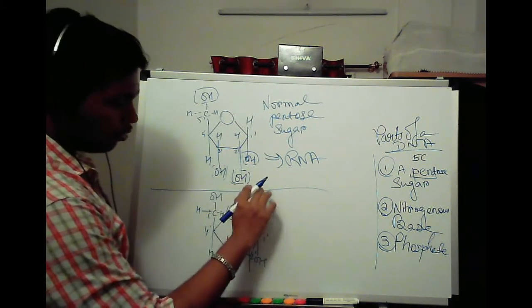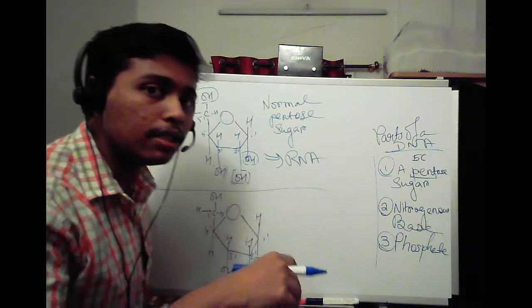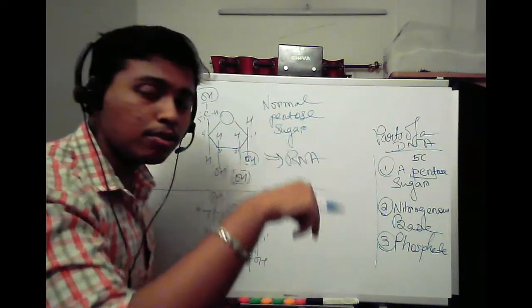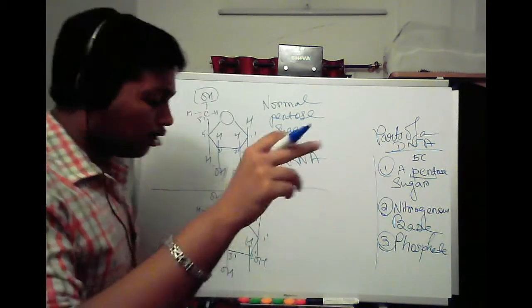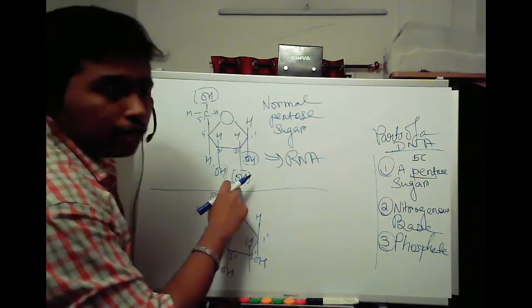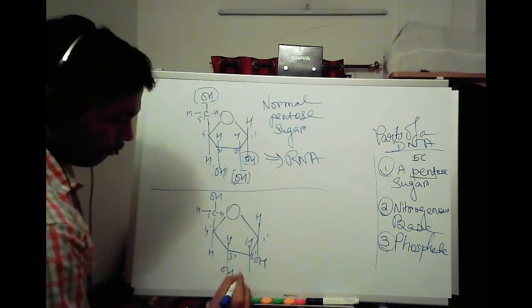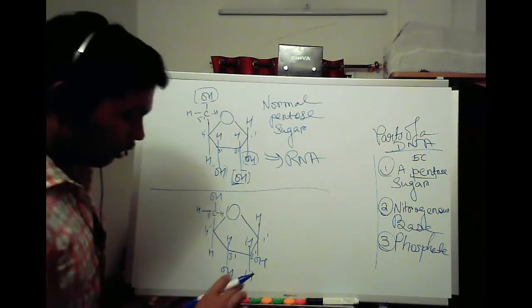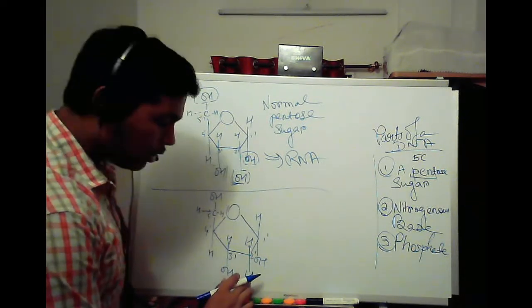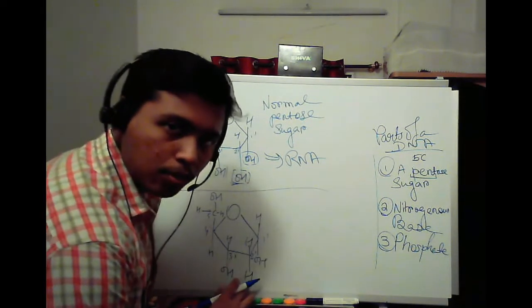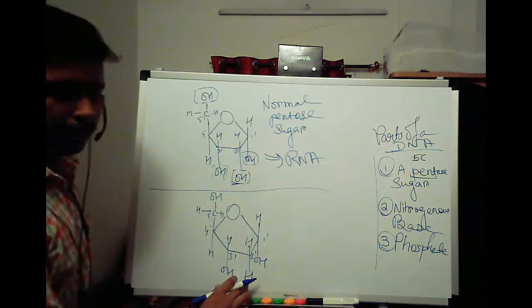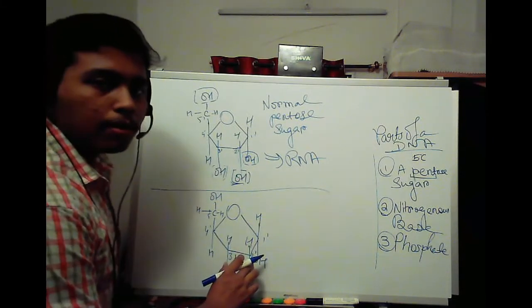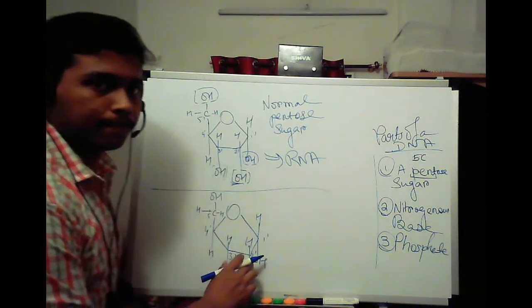Now to reduce the reactivity of this, they have removed this O and made it H. This H is a non-reactive group and hence 2 prime carbon is now muted completely.